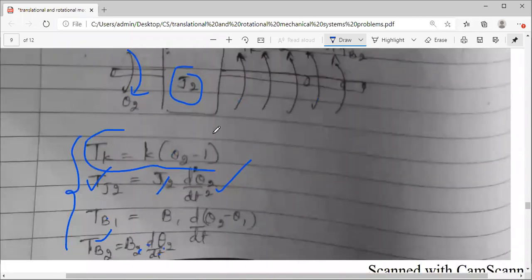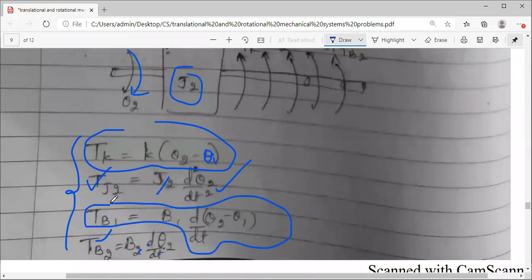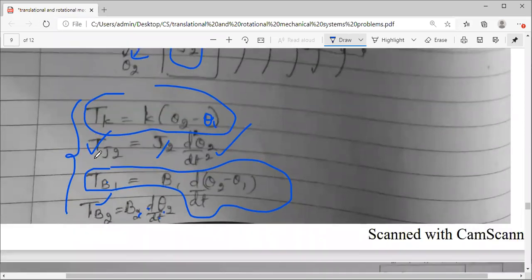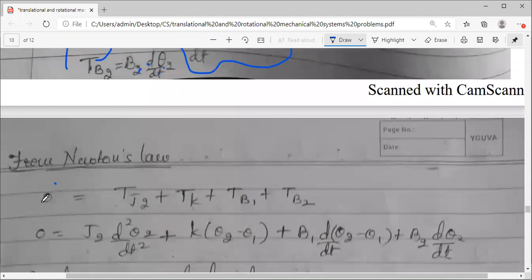See, for TK, in a hurry I have not written this theta here. It should be theta 1. And here also I have to take theta 2 minus theta 1. So once I write the torque equations, use Newton's law: applied torque, which is 0 for J2, equals the sum of the opposing torques.